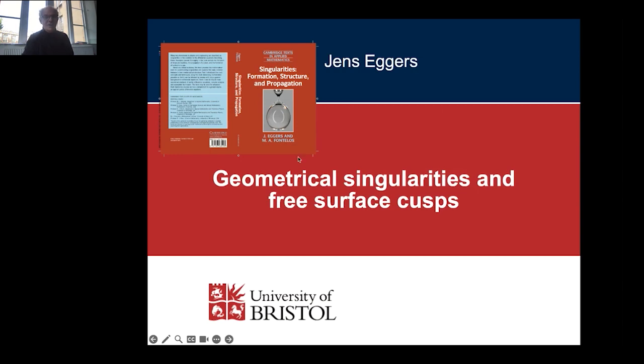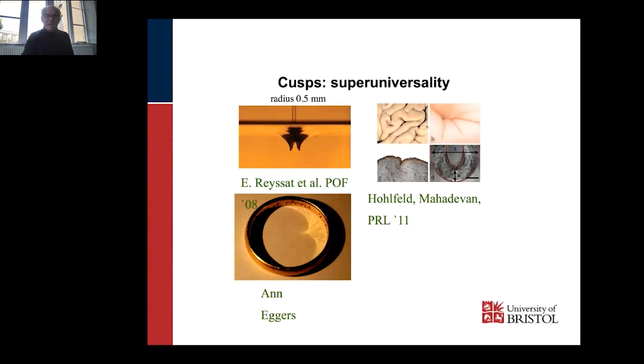So, what has fascinated me about cusp singularities on free surfaces for quite some time is their geometrical underpinning, and it's because of this geometrical underpinning that they are describing an unusually wide variety of problems, giving very similar answers.